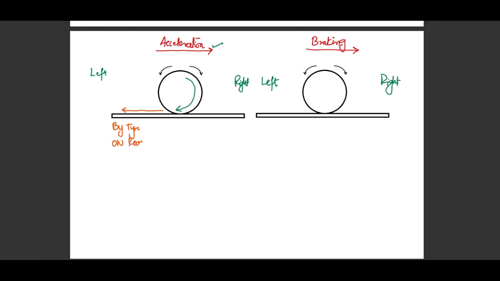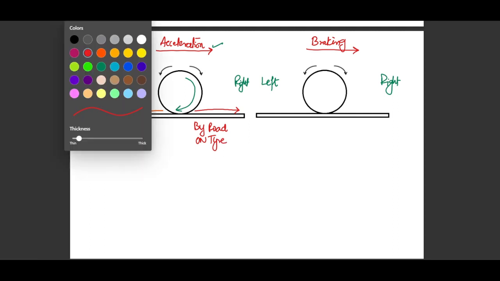Now, according to Newton's third law, every action has an opposite and equal reaction. So the road applies a force in the opposite direction to the force applied on the road. This red arrow is a force by the road on the tire.